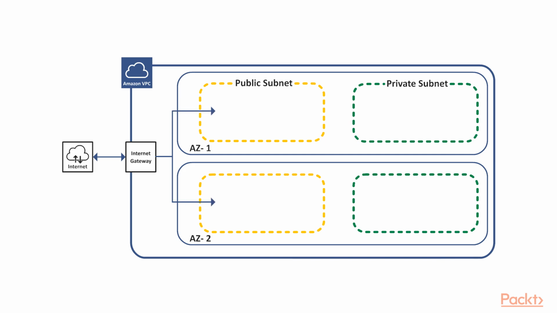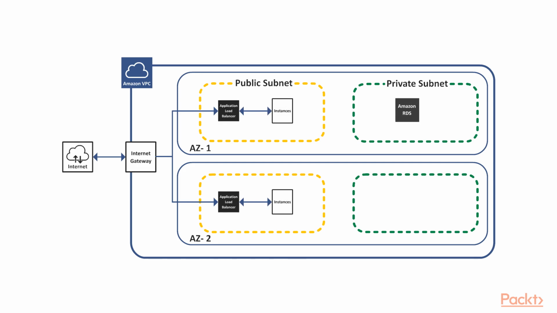Furthermore, within an AZ, you'll notice that there are two subnets, a public-facing subnet and a private subnet. The public-facing subnet will receive traffic from the internet, and the route tables are controlled such that that traffic cannot directly enter the private subnet.